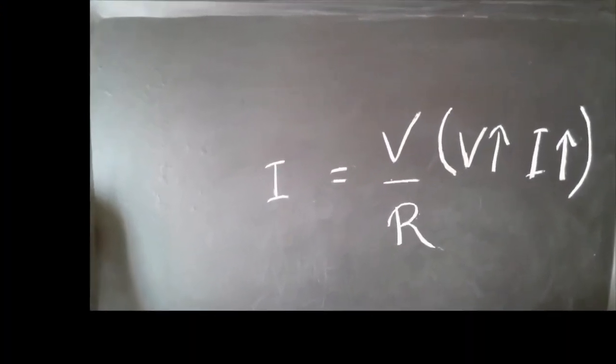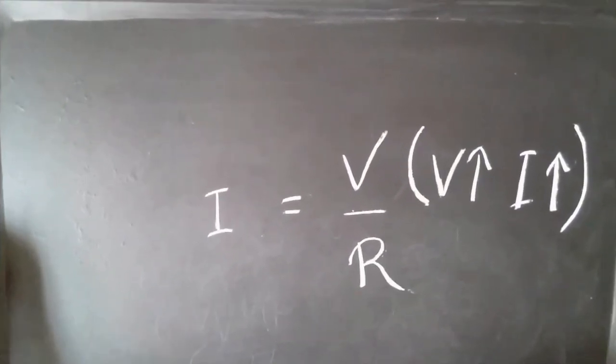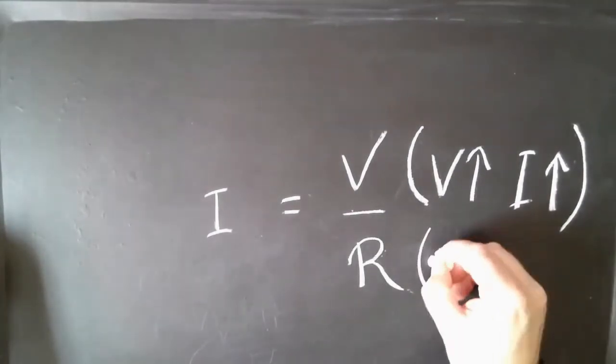And you can see how this ties in with the equation. So increasing the potential difference on the top part of that equation will increase the current if we keep the resistance value the same.